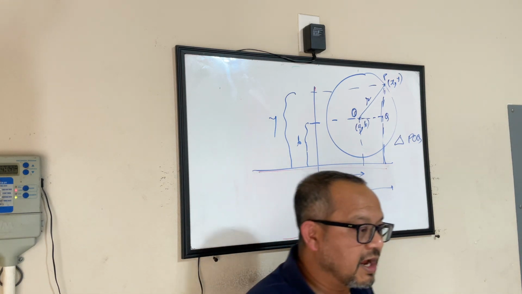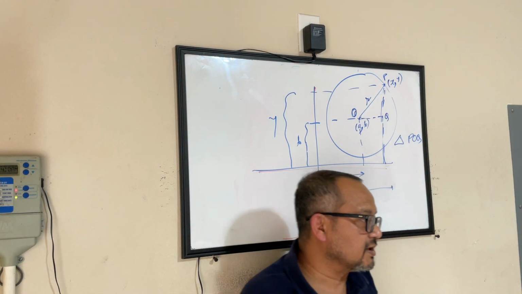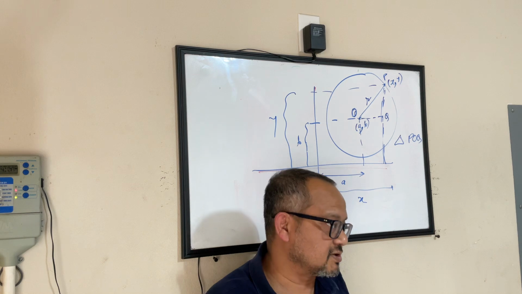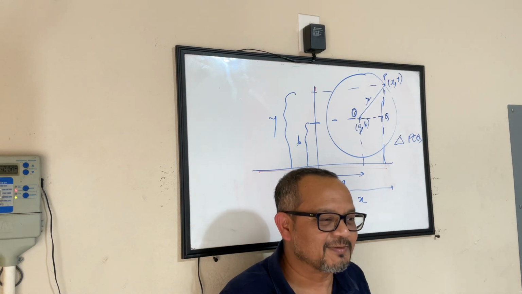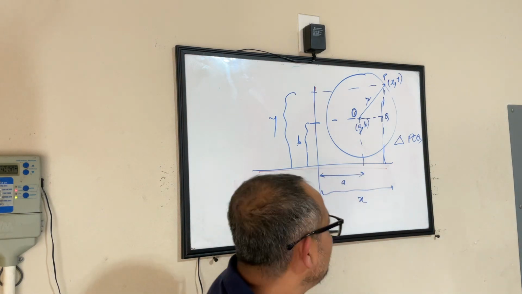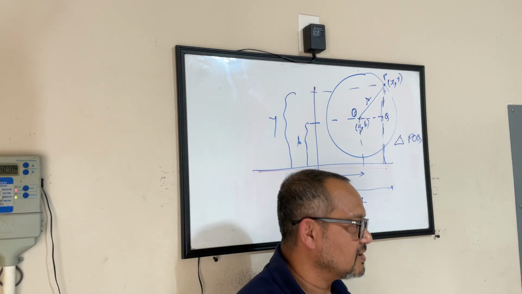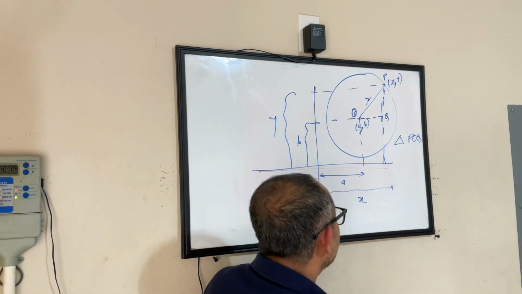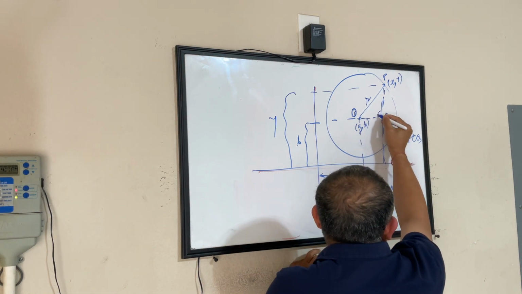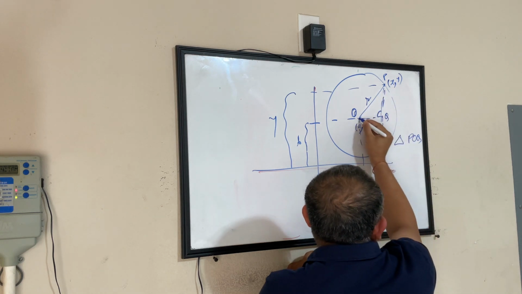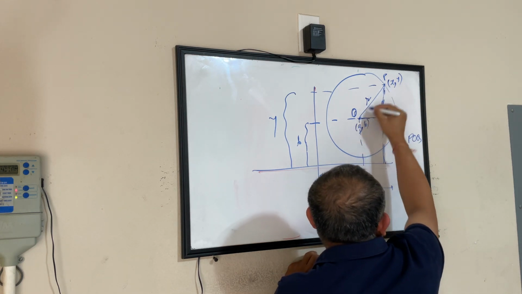So I have an uncle named Pythagoras. You all have the same uncle, Pythagoras, who had given a theorem for a right angle triangle, saying if this is a right angle triangle, this square plus this square will be equal to the hypotenuse square.